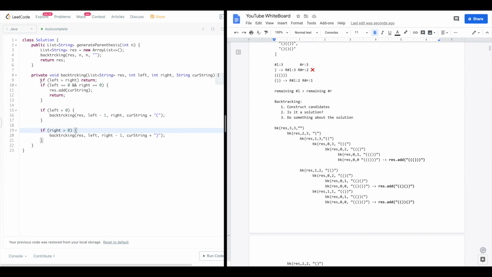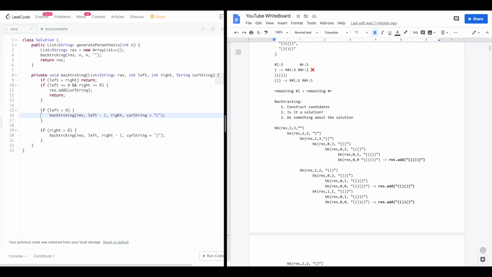And over here you can see this is the rule we defined together. If the remaining left parenthesis is bigger than the remaining right parenthesis, we just return. And for this one, backtracking is the solution. This way, if it's a solution, we add the current string to our result.